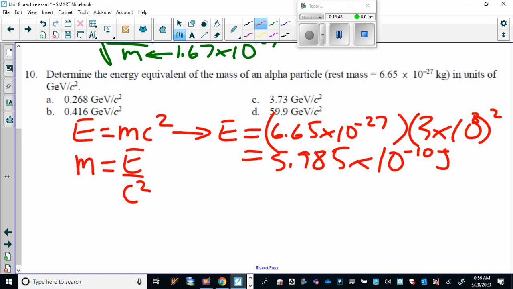So divide by 1.6 times 10 to the negative 19, and that's going to give you 3.74 times 10 to the 9 electron volts.